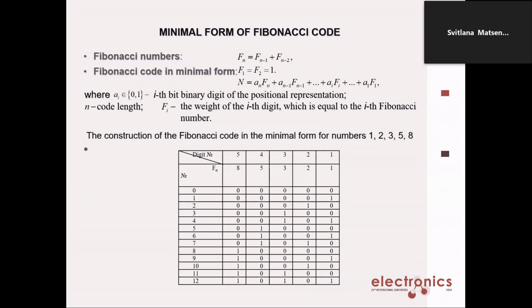This slide shows coding in a minimal form of representation. This is a Fibonacci code, and you can see Fibonacci numbers. This is the Fibonacci code in minimal representation, and some structure of this code, which weights, which code lengths, and other information.